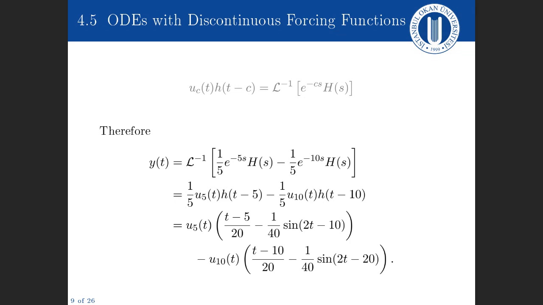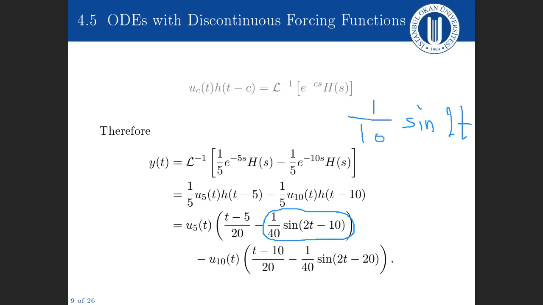I'm now taking the 5 inside. So instead of t over 4, replace the t by t minus 5 on the top, multiply 4 by 5 to give 20. And then just here, sine 2t.